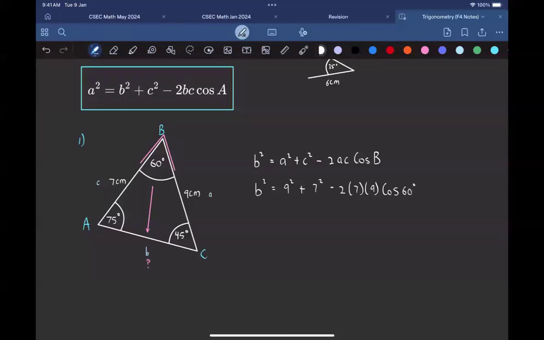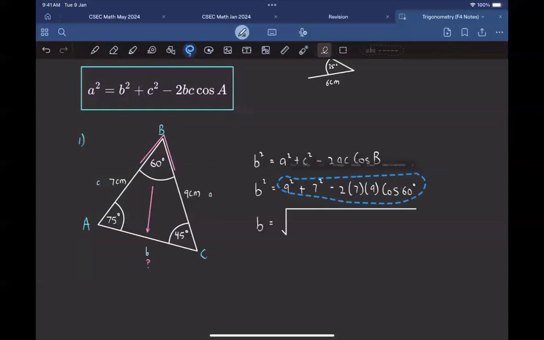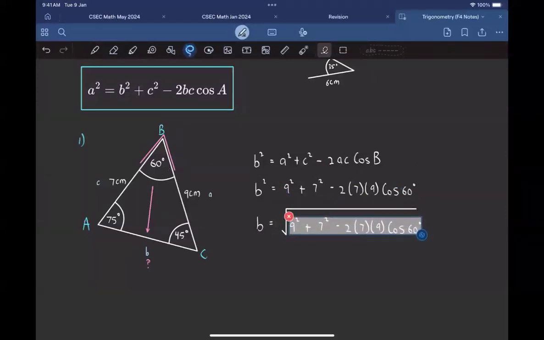And here, that is b squared. So if I want to find b, what's the opposite of squared? Square root. Right. So if I want to find b, I would have to square root that whole thing there. Let's write some notes to the sides.